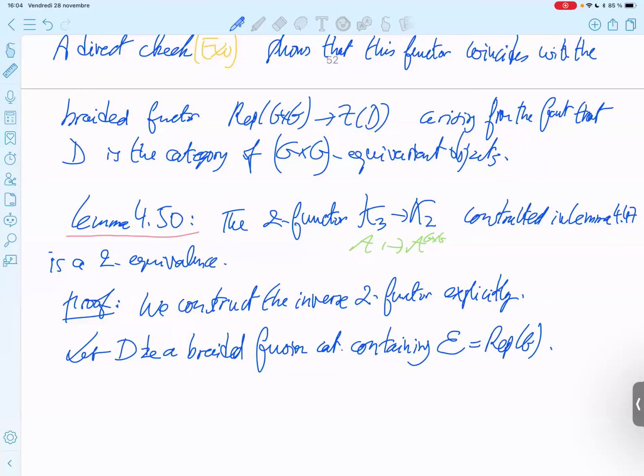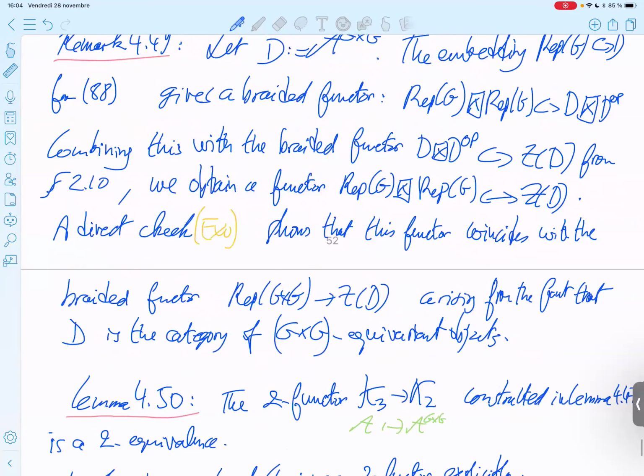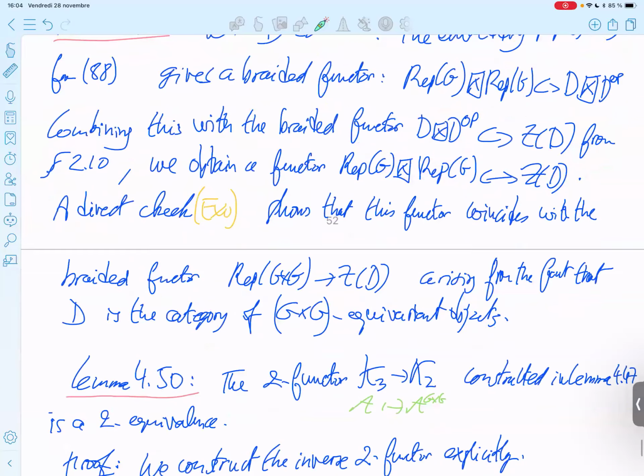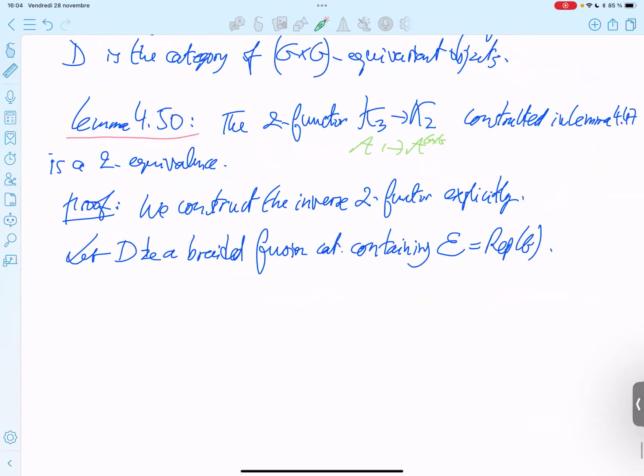In the previous paragraph, they mentioned this embedding, and they refer for that to section 2.10. But here, for the same thing, they refer to section 3. I hope there is no typo.